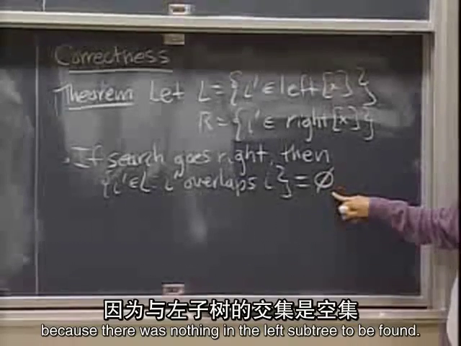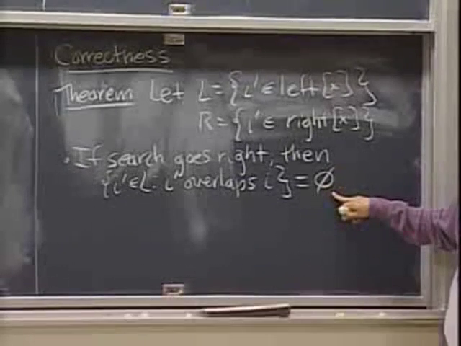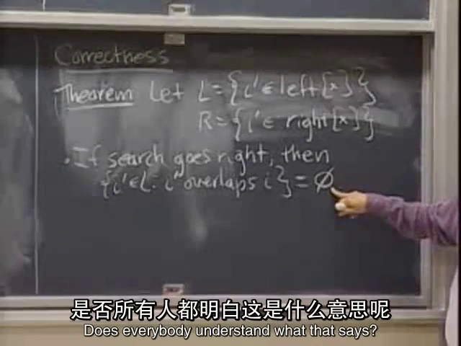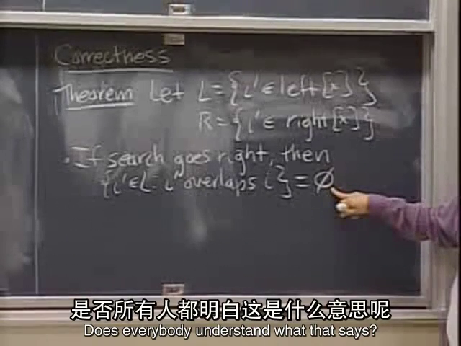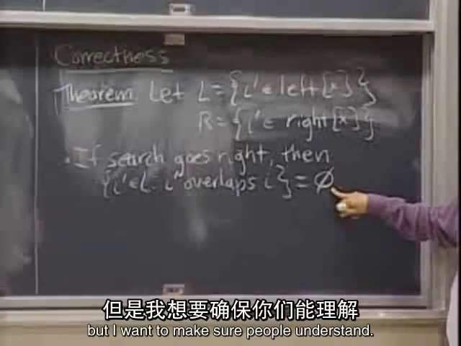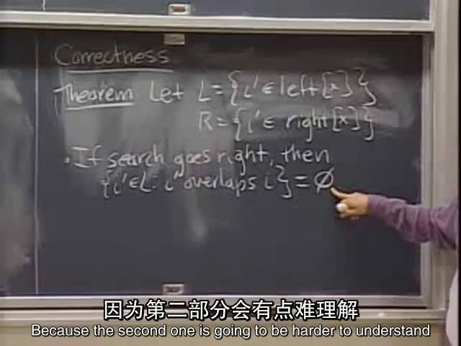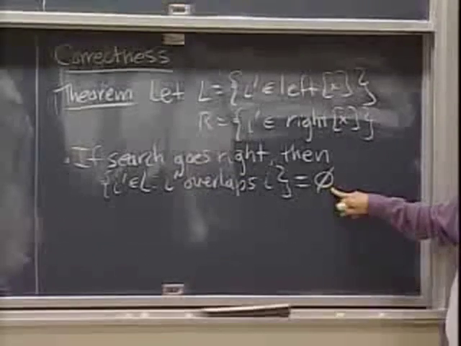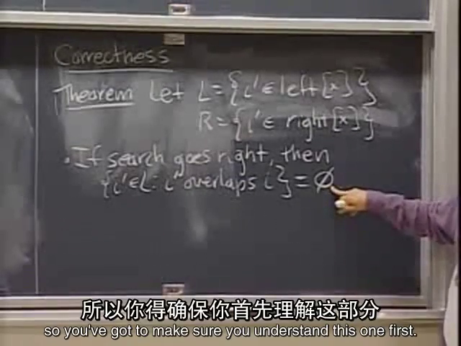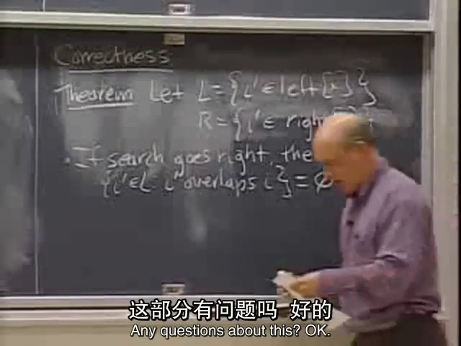Because there was nothing in the left subtree to be found. Does everybody understand that? I'm going to prove this, but I want to make sure people understand, because the second one is going to be harder to understand. So make sure you understand this one first. Any questions about this? Okay.